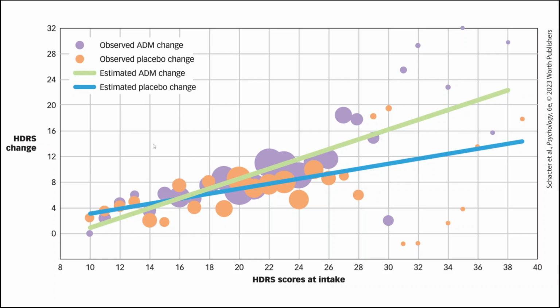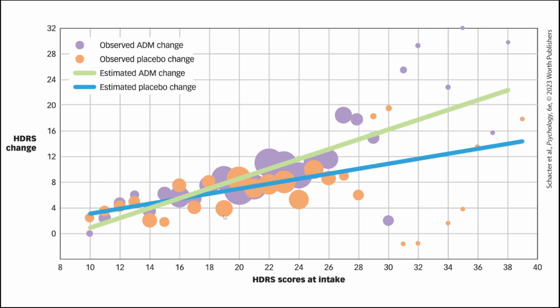But one more thing I wanted to point out here, beyond the fact that A, this is a meta-analysis, and B, we're seeing this particular trend, and this interesting part about placebo effects, I also wanted to focus in here on the fact that each of these little dot points, larger dots mean that more people had these particular scores, smaller dots is fewer people. So this would be very, very few people, and this would be like very, very many.